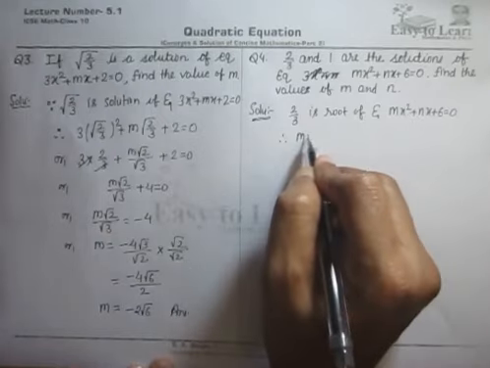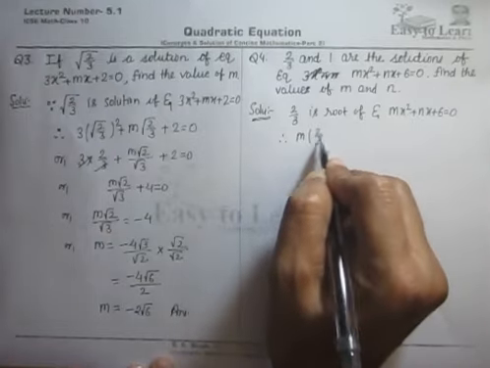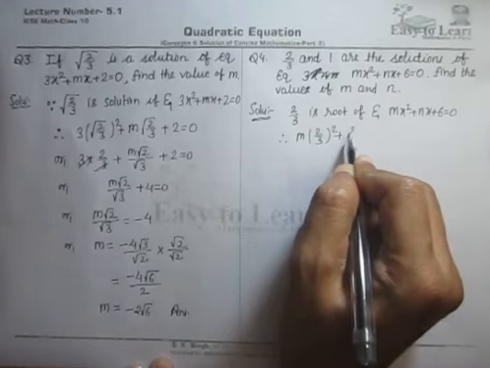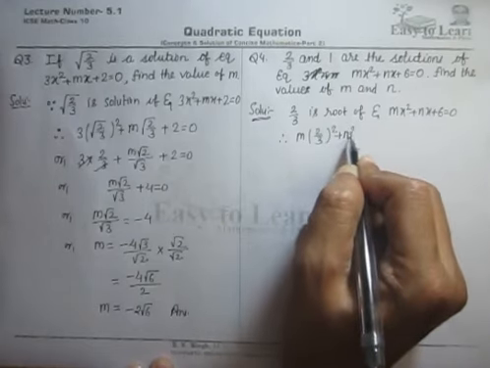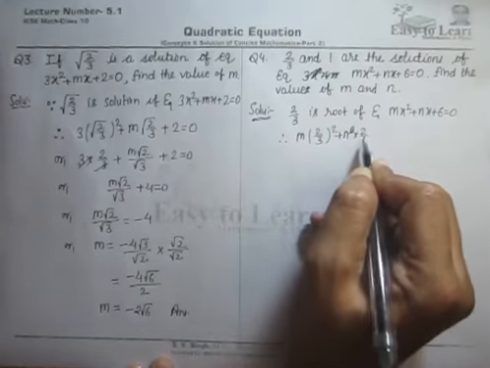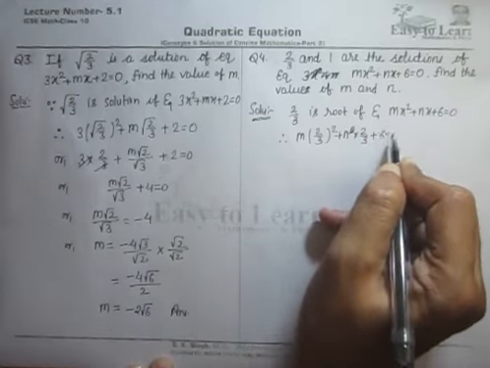So in place of x, substitute 2/3: m(2/3)² + n(2/3) + 6 = 0.